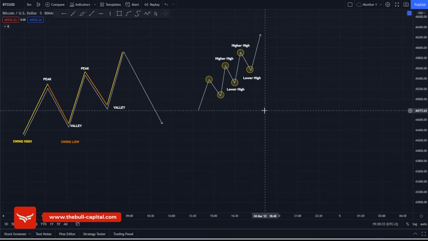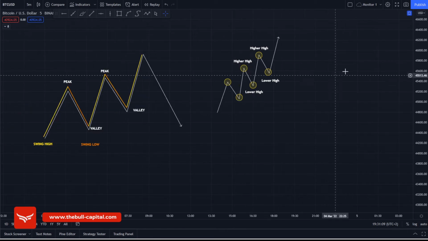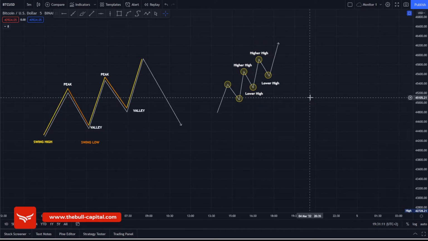So what that means, when you see higher highs and higher lows, higher peaks and higher valleys, it means that the market is in an uptrend, it goes up, it grows. And that's a good thing. That's a healthy market.